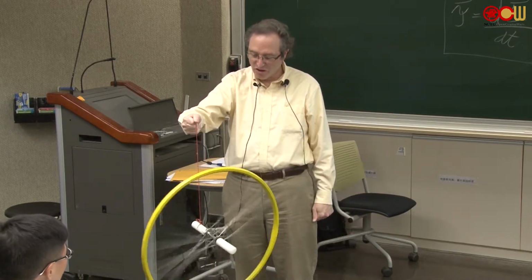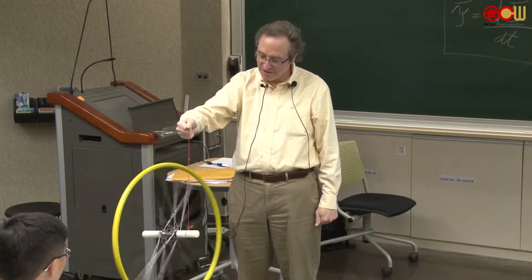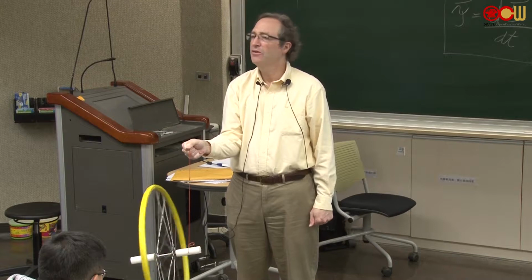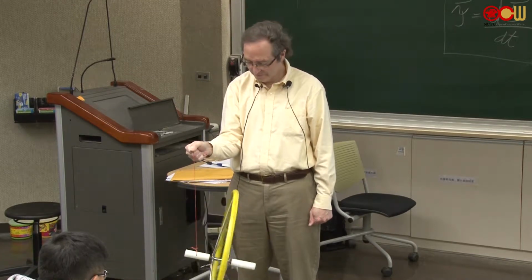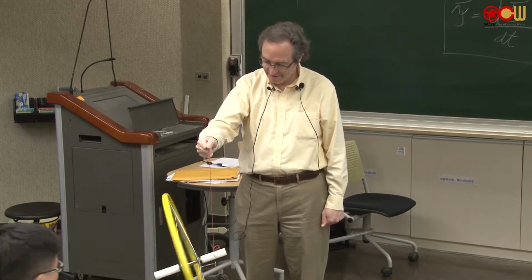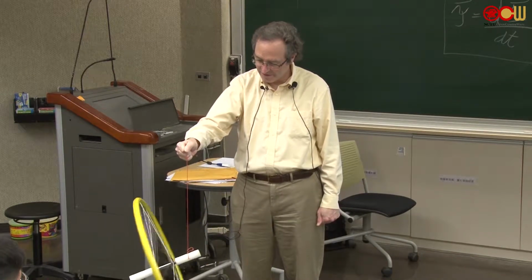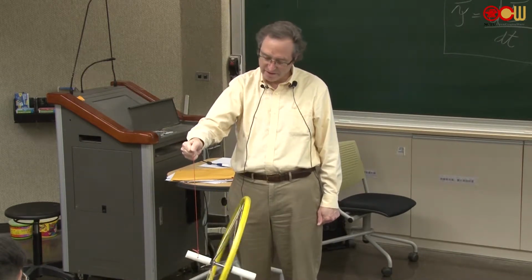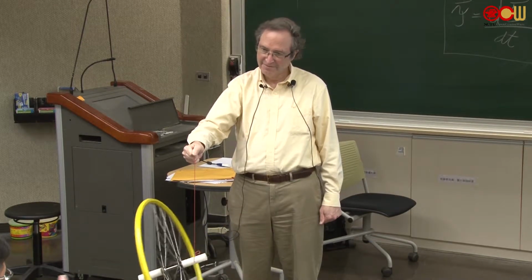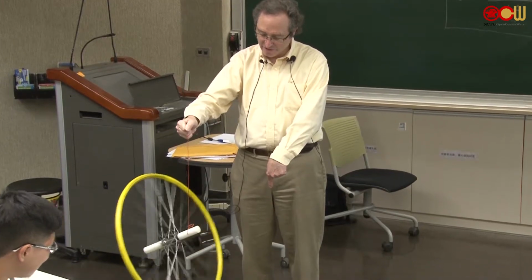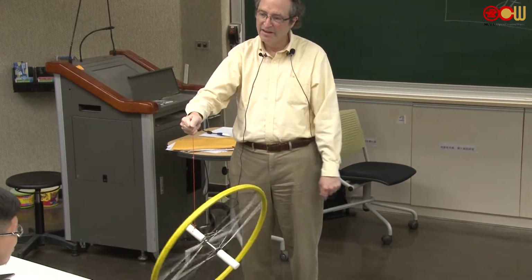All right, so which way is the torque on this? Which way is the torque? Oh, now it's really nutating for a while there. There it goes. So which way is the torque? So gravity is down, right?